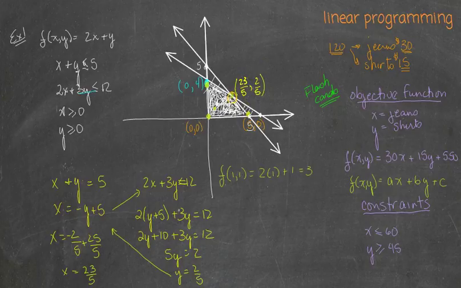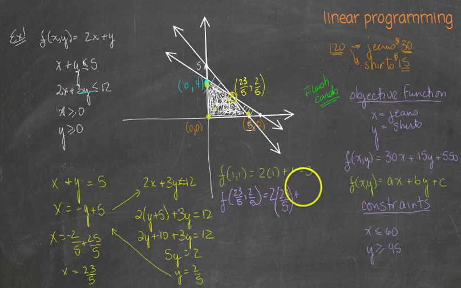Now, we want to determine which of these vertices is going to maximize our objective function. So that just means I have to plug it in. So I already did the f of 1, 1. Let's figure out the f of 23/5 and 2/5. So that equals 2 times 23/5 plus 2/5, plugging in x for x and y for y.